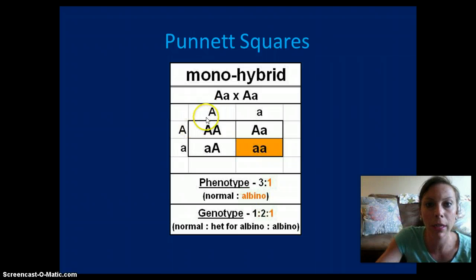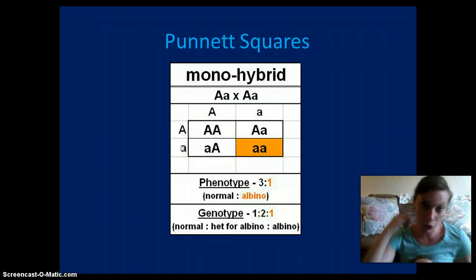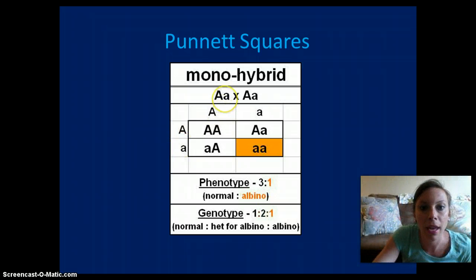So what you would do is put one of the letters above one box and the second letter above the second box. Then you would put one letter from the other parent on the vertical axis on one box and the little letter on the other box. Then all you would do is just match up the letters.